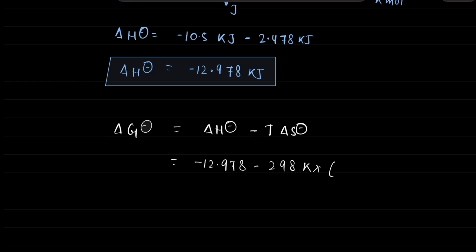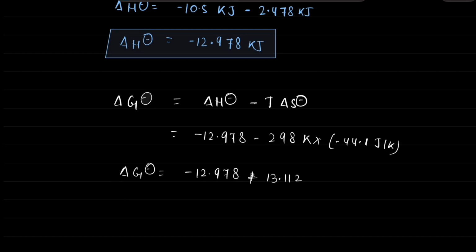So we substitute it here. So delta G is equal to minus 12.978, and minus times minus becomes plus, 13.112, which is equal to 0.164 kilojoule. So this is the value of delta G naught.